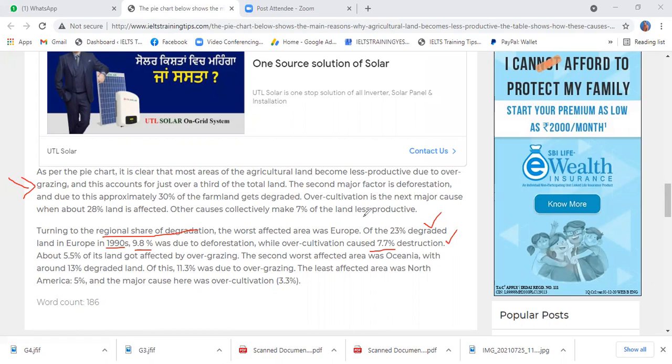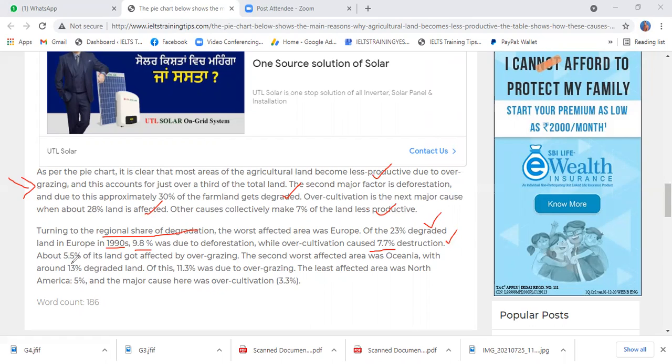Very difficult it is. Instead, degraded, affected, less productive. So you can see, instead of degradation, they are telling less productive, degraded, affected. So these are the words we can use.